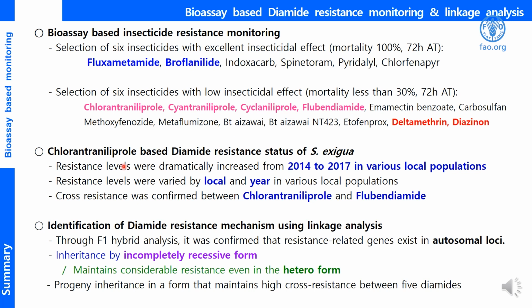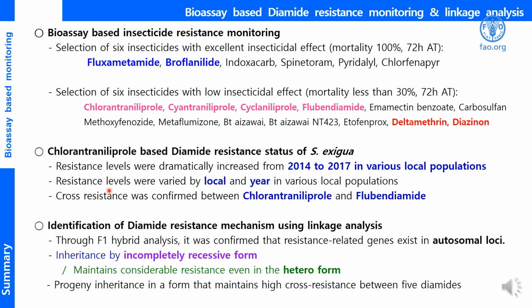And chlorantraniliprole-based diamide resistance status of Spodoptera exigua: resistance levels dramatically increased from 2015 to 2017. So that means during this time, there was probably some kind of genetic change.